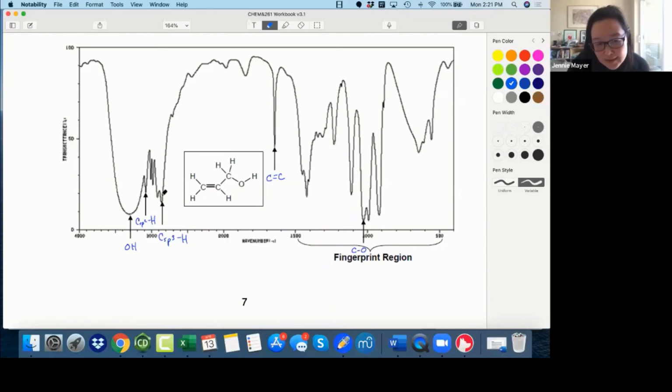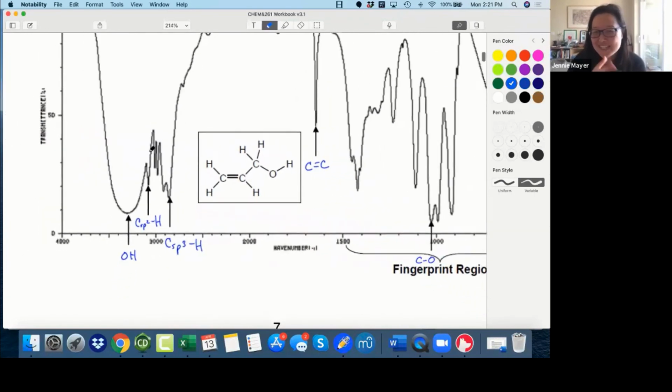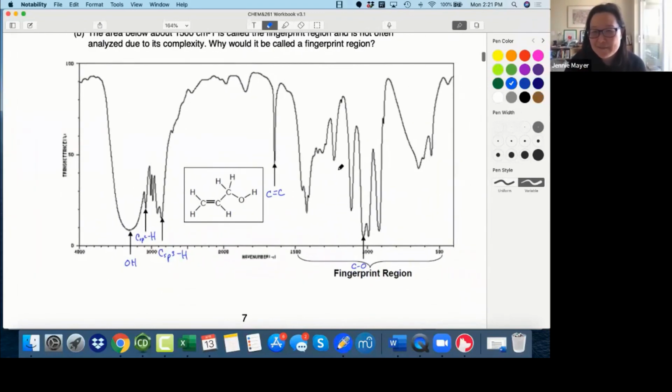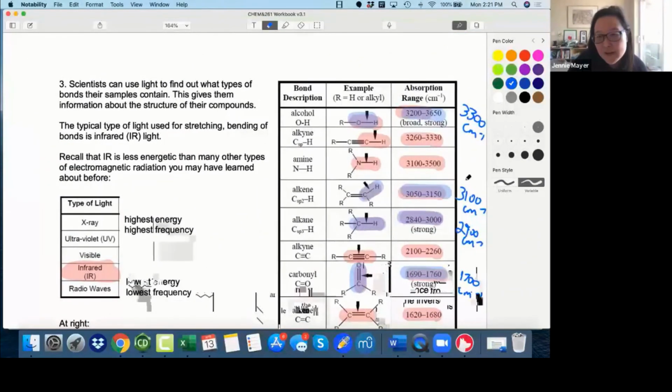If you look here, this one falls at like 2800 to 2,900, and this one right here is more like 3,100. Does that look like a mistake? Maybe. Sometimes in real life it's not so easy to know, and you might use another technique to verify. But this peak at 3,100, if I look at my chart, says it's an alkene.